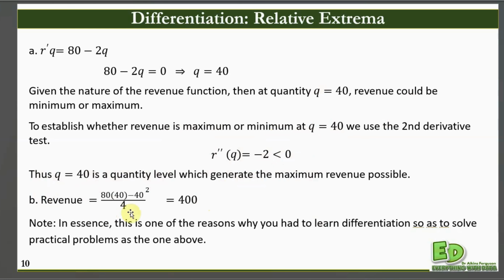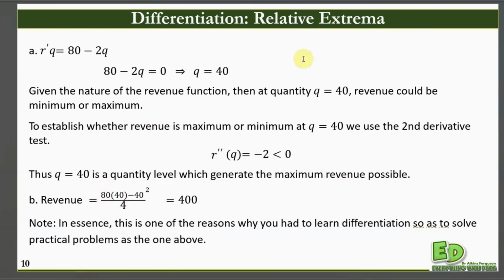The total revenue function is 80Q minus Q squared all over 4. That's the revenue function. To get the maximum revenue, we just substitute the 40 in place of Q. We have a maximum revenue of 400.